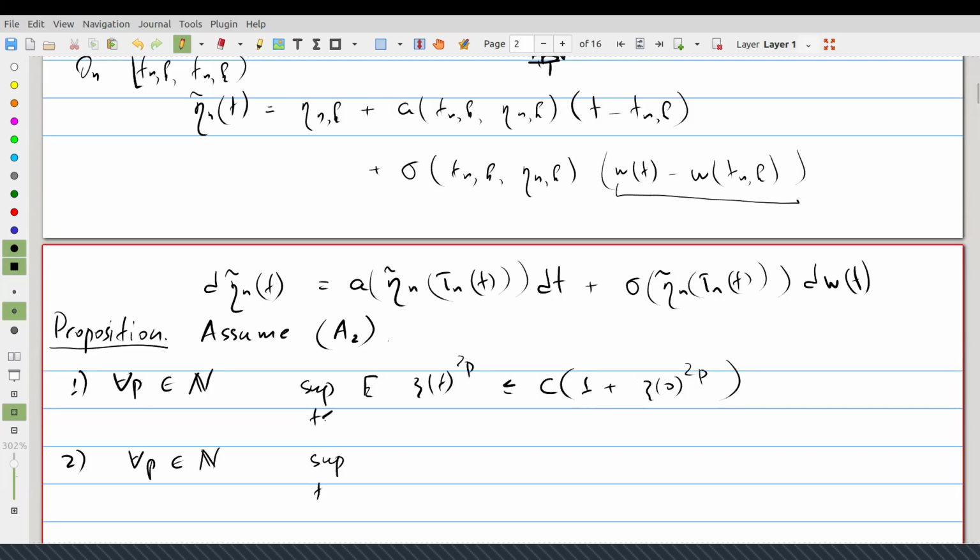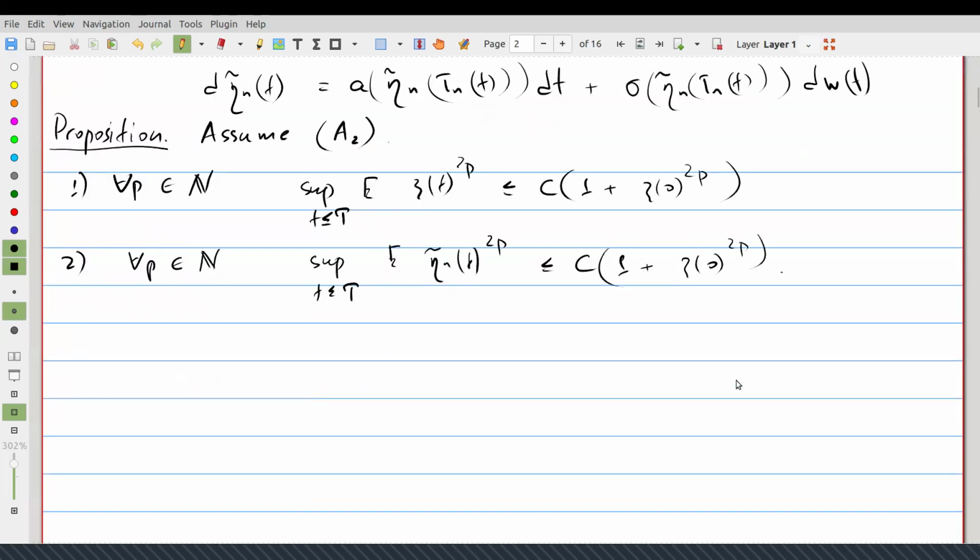And the supremum over t less than T capital of the norm of the scheme to the power 2p is less than the same expression. So I will prove only the second. The first part meets pretty much the same proof.